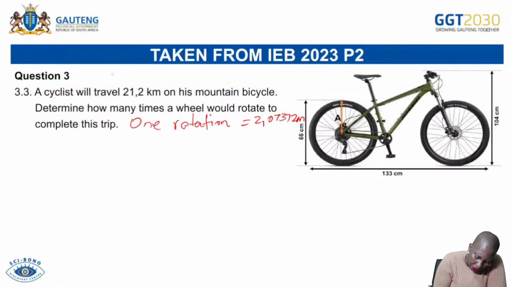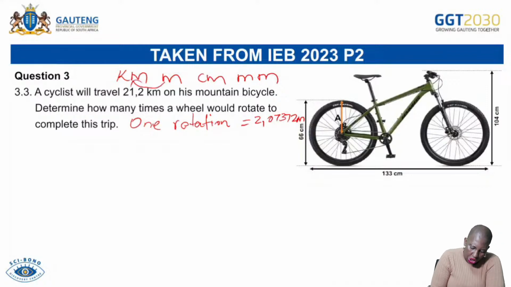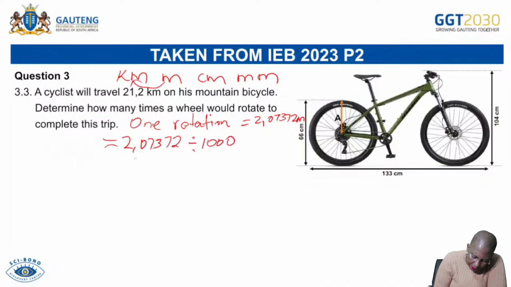Now we have to convert again, kilometers, meters, centimeters, and millimeters. So now this is in meters. We have to convert it to kilometers. So one rotation in kilometers will be 2,07372 divided by 1,000.